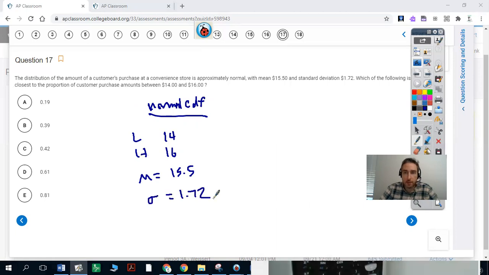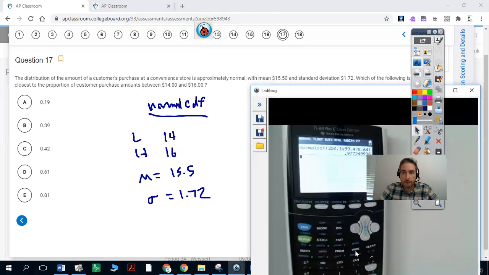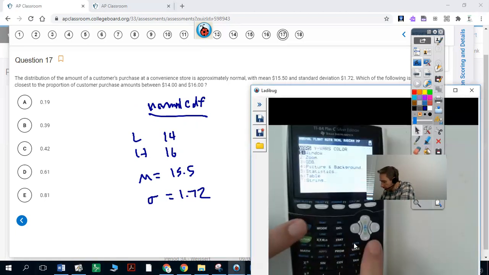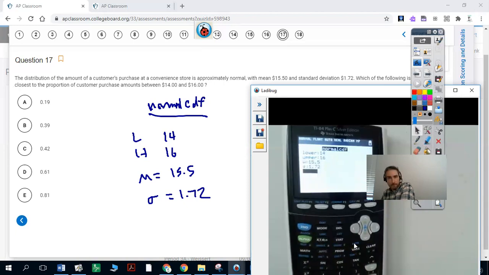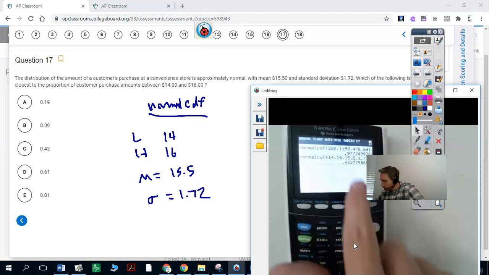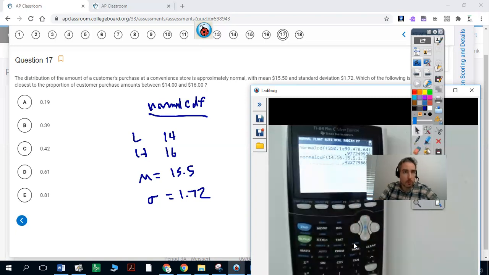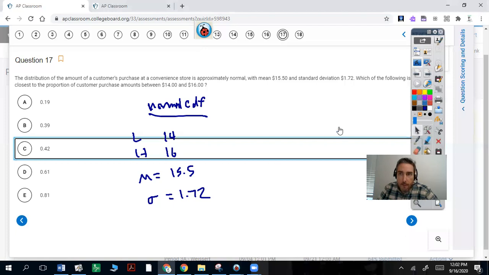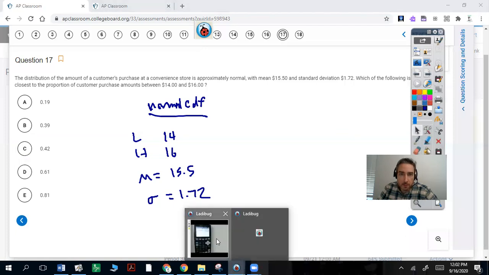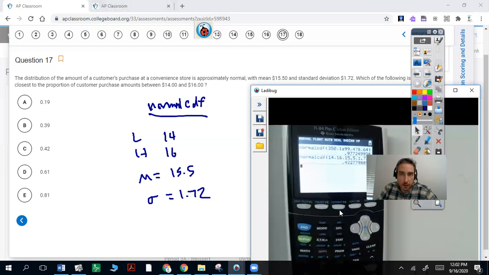Let's plug those in, see what we get. 0.422, so it'll be C. Again, that's going to be this right here. Just plug them in like that, normal CDF.